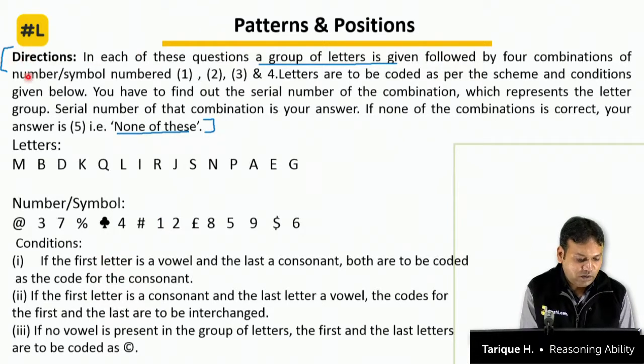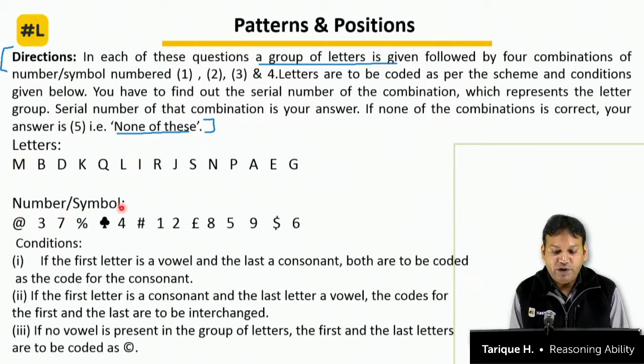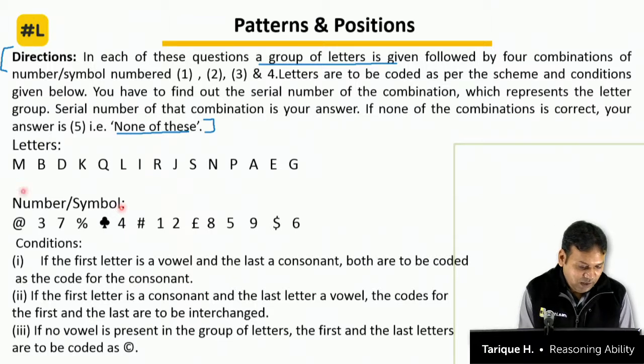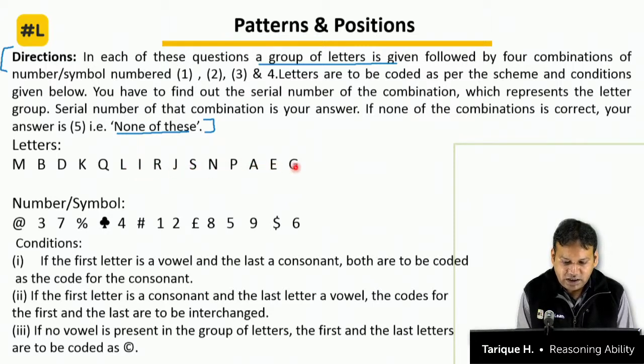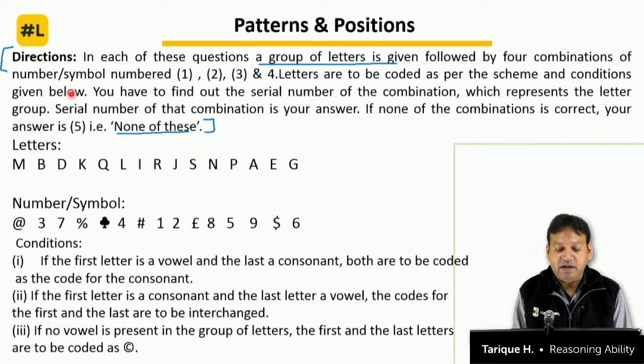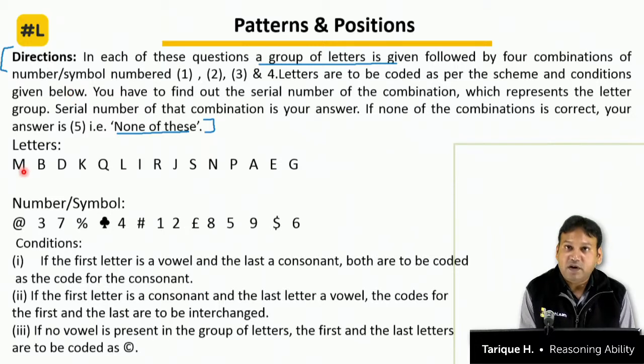Now let's look at the second thing, letters and number symbols. A number symbol combination is given to you. Here we have letters M, B, D, K, Q, L, I, R, J, S, N, P, A, E, G. This is the scheme and condition given below. So first of all, let's look at the scheme.